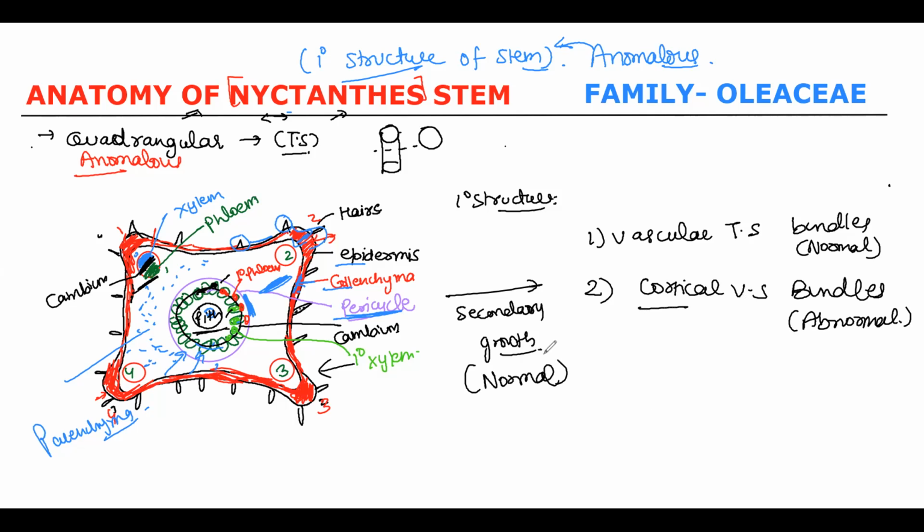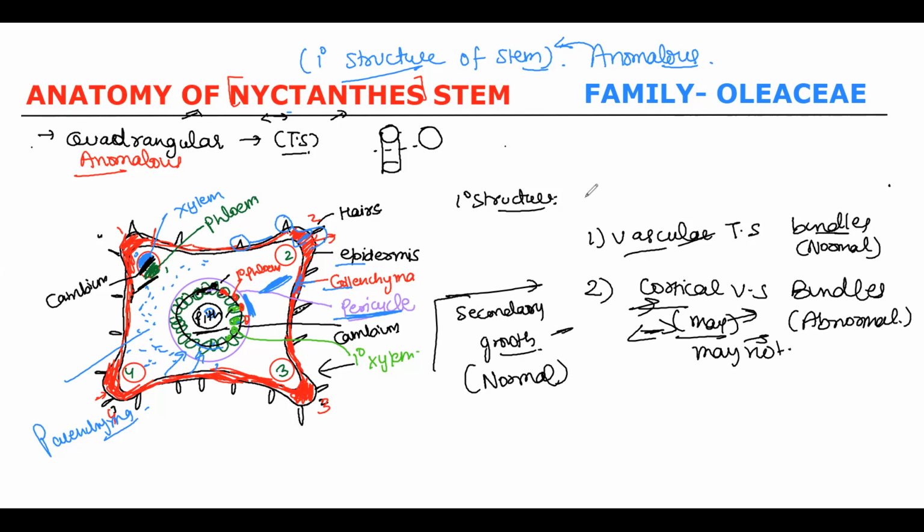Whatever secondary growth happens will be normal. The secondary growth may occur in the cortical vascular bundles or may not. It is not necessary that cortical vascular bundles undergo secondary growth. But the bundles of the vascular tissue system, these ones, they undergo secondary growth. So if it happens in the cortical ones, which it may or may not, it will be normal secondary growth, and in the vascular ones secondary growth does happen, which is also normal.